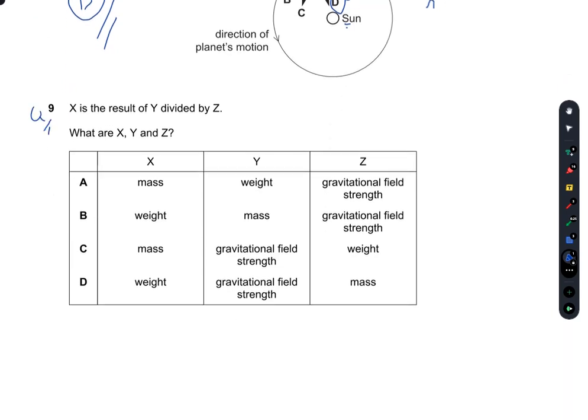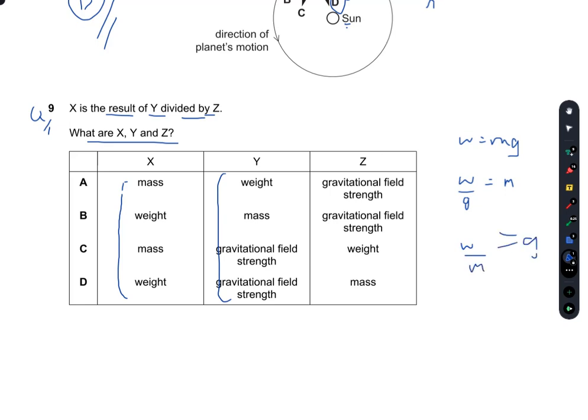Question number 9. X is the result of y divided by z. What are x, y, and z? First of all, I will check these four statements: the mass, weight, and g. And I know weight is equal to mg. So x is the result of y divided by g. So weight over g is equal to m, or weight over m is equal to g.